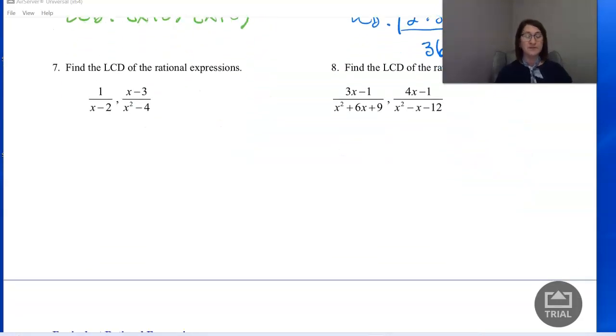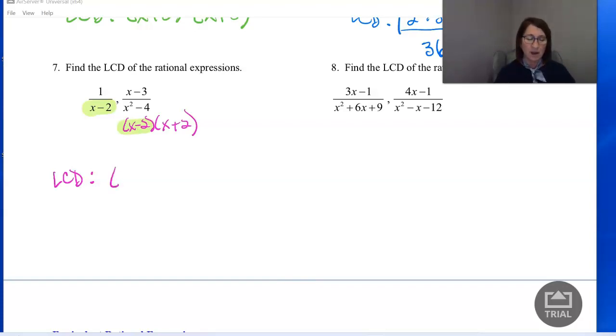So for this one, I've got x minus 2, and I can't do anything with that. But x squared minus 4 is x minus 2, x plus 2. All right, so for my LCD, I've got an x minus 2 in the first rational expression and an x minus 2 in the second one.